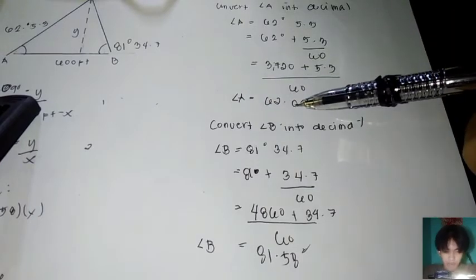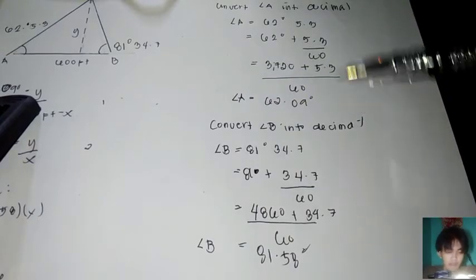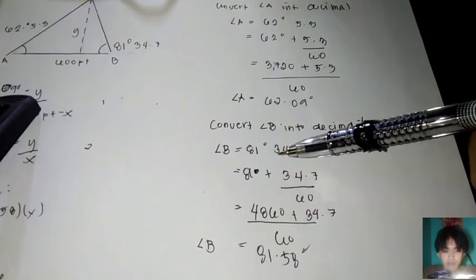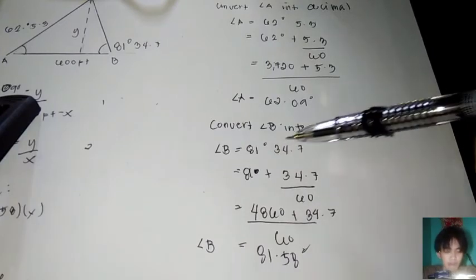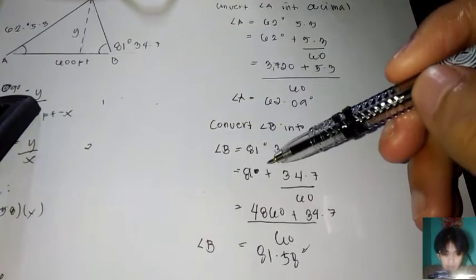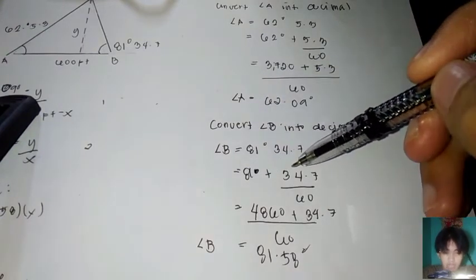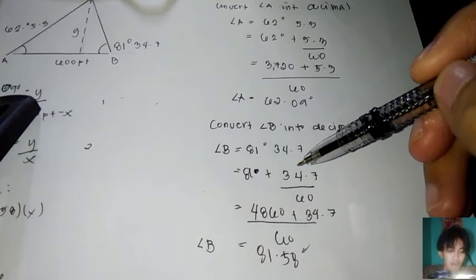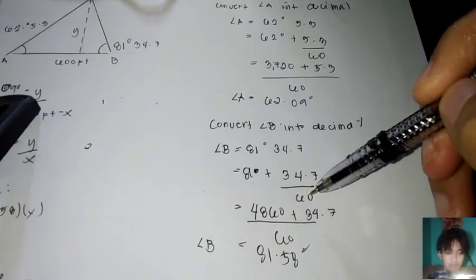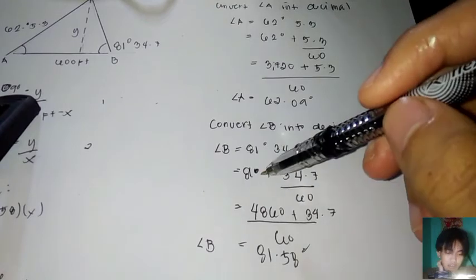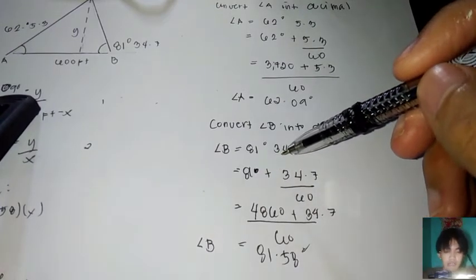So convert angle B into decimal. So we have angle B equals 81 degrees 34.7 minutes. Next is 81 degrees addition to 34.7 over 60 minutes. So let's multiply the 81 degrees to 60.